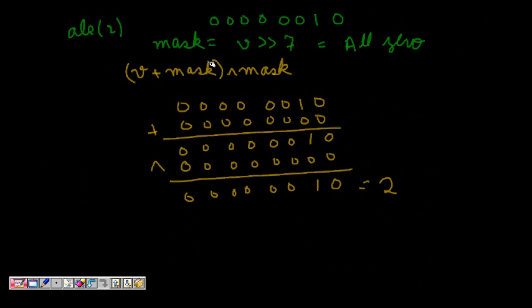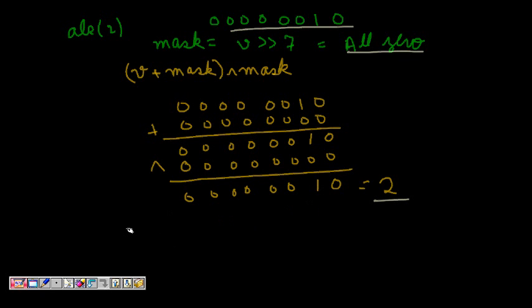Let's see a positive number: the absolute value of 2. It is 0 0 0 0 0 0 1 0, and because it is positive, the mask is all zeros. We add the mask, so it is the same number, and then we XOR it with the mask and it remains 2.